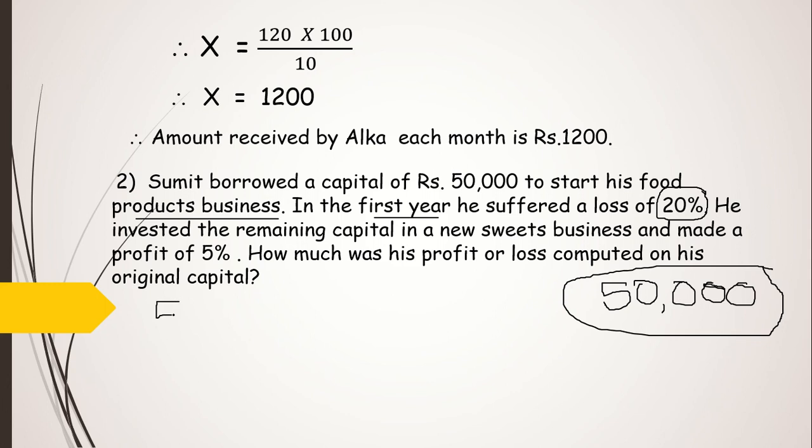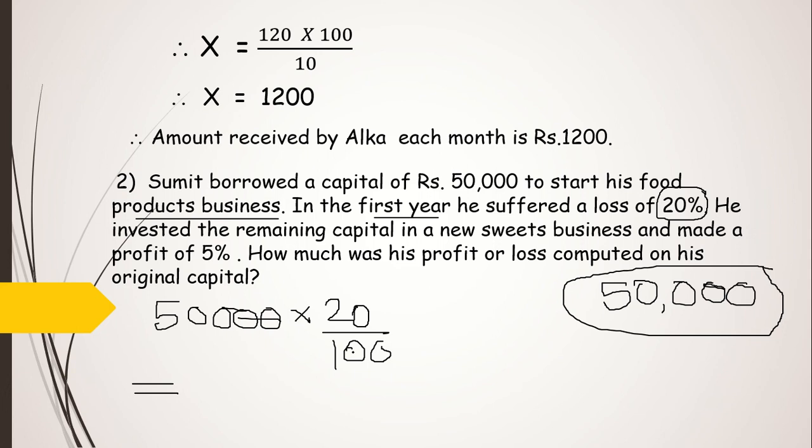So on 50,000, he suffered a loss of 20%. 20% means we will write 20 upon 100. So how much is his loss actually in terms of money? If we go to see, we calculate.